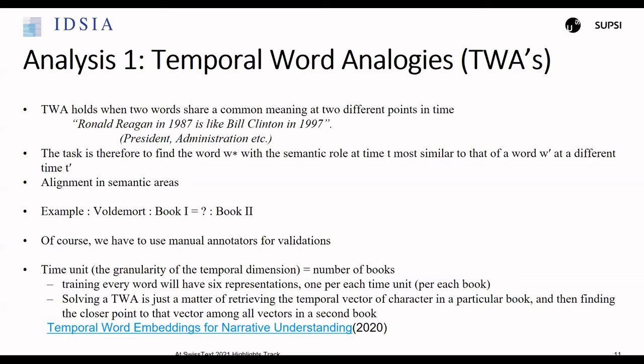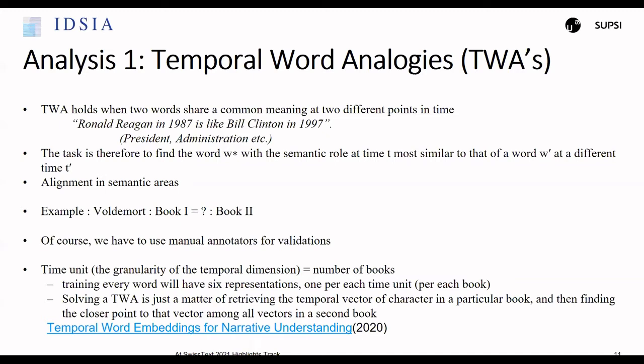The authors show that the words related to these two entities would be like president, administration, etc. Taking this assumption, they proposed this model, which I have already explained. So we see the alignment of semantic areas between the entities. In our case, for example, Voldemort is one of the main characters in the Harry Potter series. So Voldemort in book 1 is associated with which particular character in book 2? That would be the question.